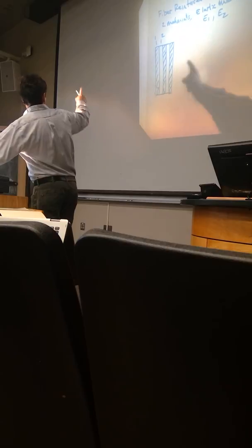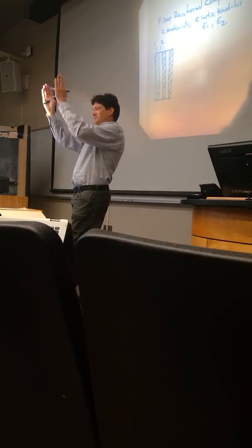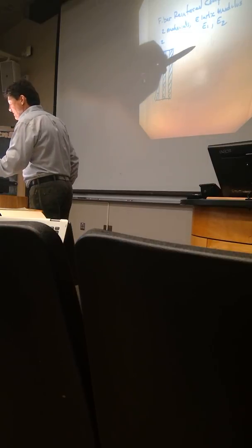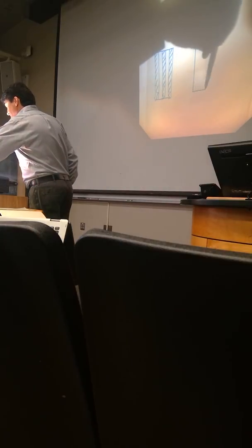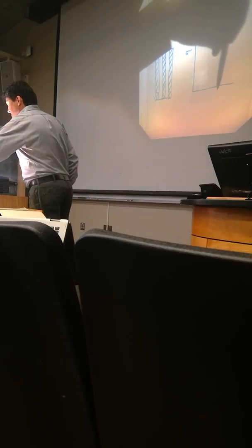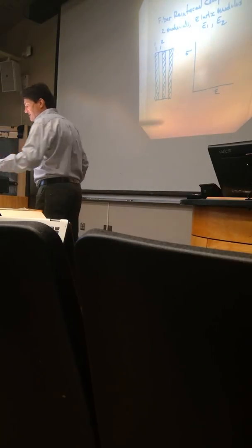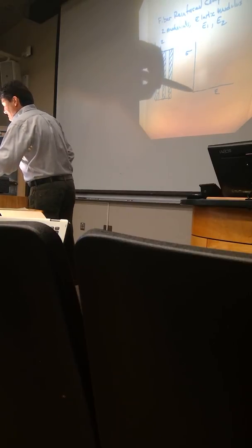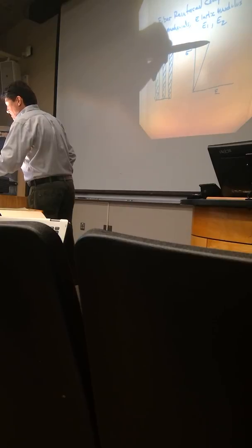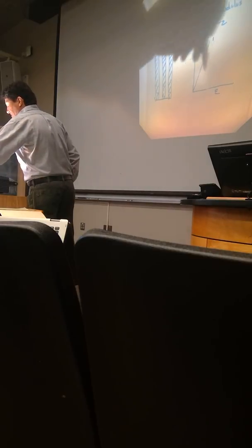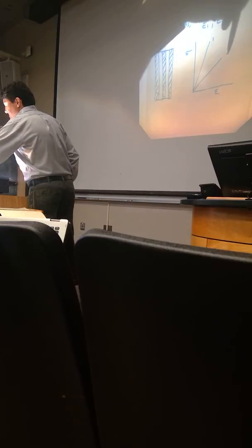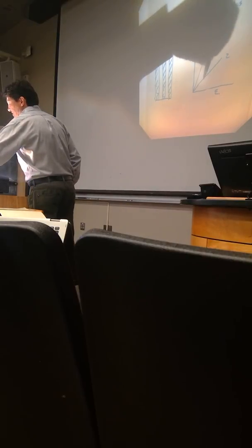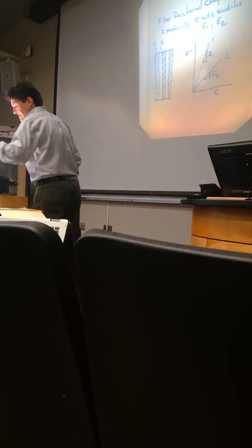Whether this is a cross section of either cylindrical fibers, or this could be just platelets running into the board there, it doesn't really matter for this model. And if we look at the stress strain curve here, it doesn't matter if it's true stress or engineering stress. We'll call this material 1, call this material 2. So the slope of that curve is E1, the slope of this curve is E2.